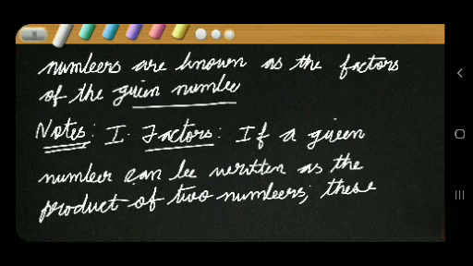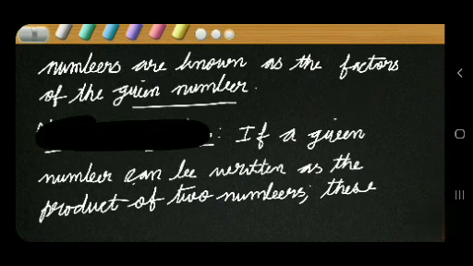Got it? If a given number can be written as the product of two numbers, these numbers are known as the factors of the given number.